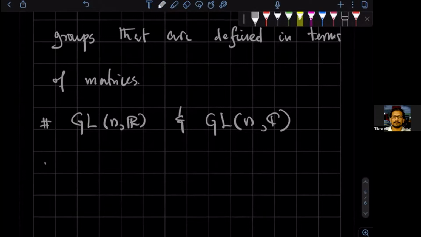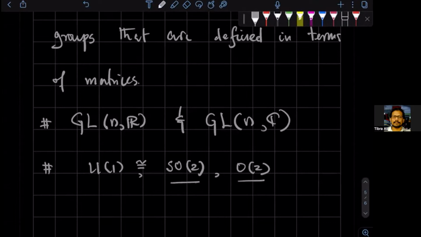But we have met other Lie groups. So for example, U(1), SO(2), and we found that these are actually isomorphic. And then we got O(2), where SO(2) is a subgroup of O(2). O(2) has a disconnected component.